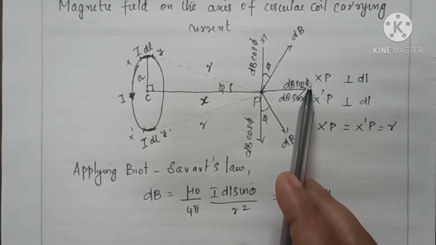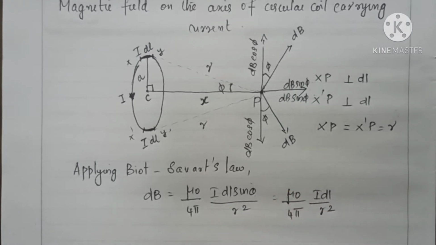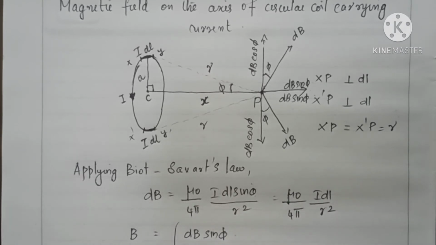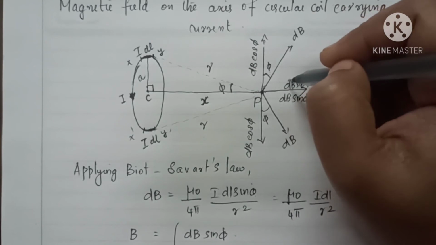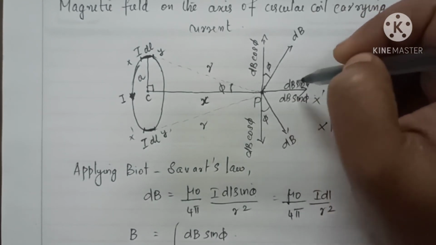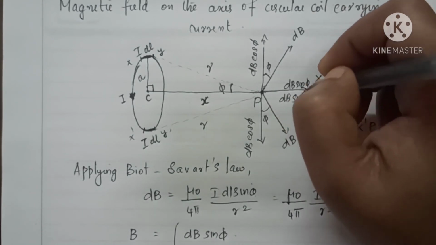And so we can write the expression that the magnetic field B is equal to integral of dB sin phi, because this is the same and this is acting in the same direction.